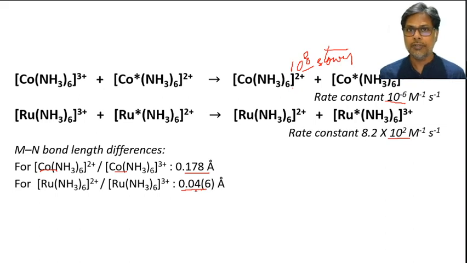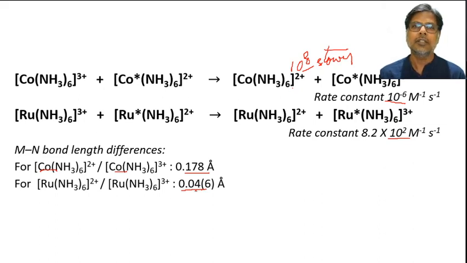We talked in the previous slide that for an electron transfer to occur in a self-exchange reaction, the bond lengths have to become equal. So if the bond length difference is high, then more energy is needed for them to become equal. But if the bond length difference is less, then the energy required for bringing them to the same length is less.